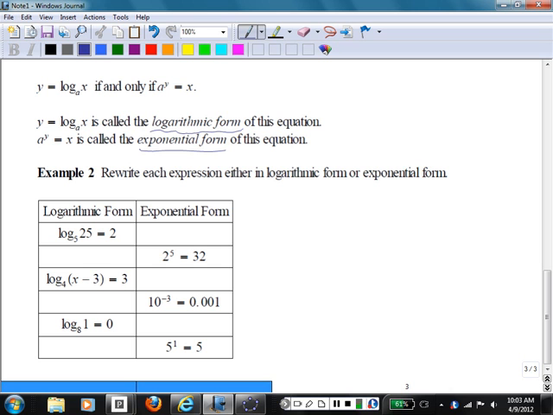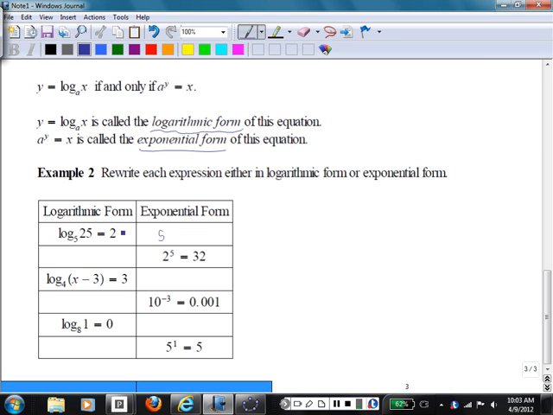So log base 5 of 25 equals 2 means what number raised to what power gives you what as the answer? So begin with the base of the logarithm. That's 5.